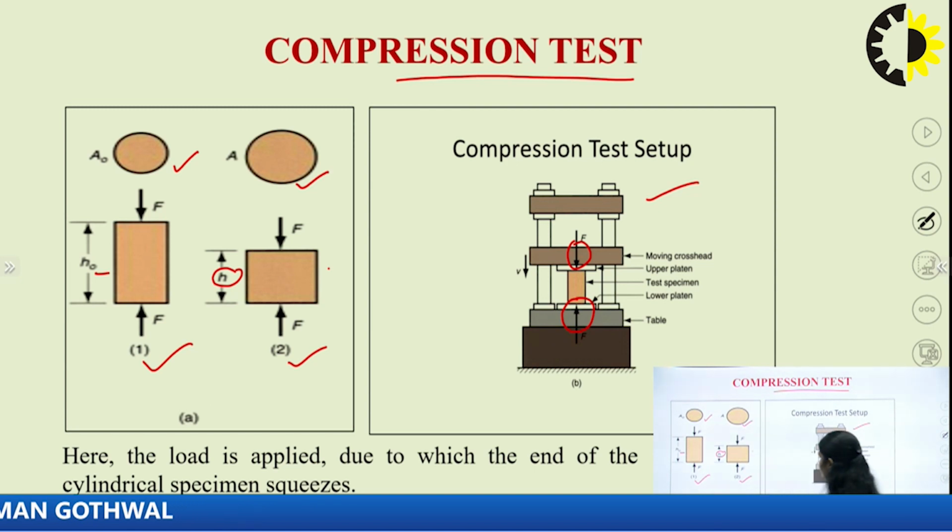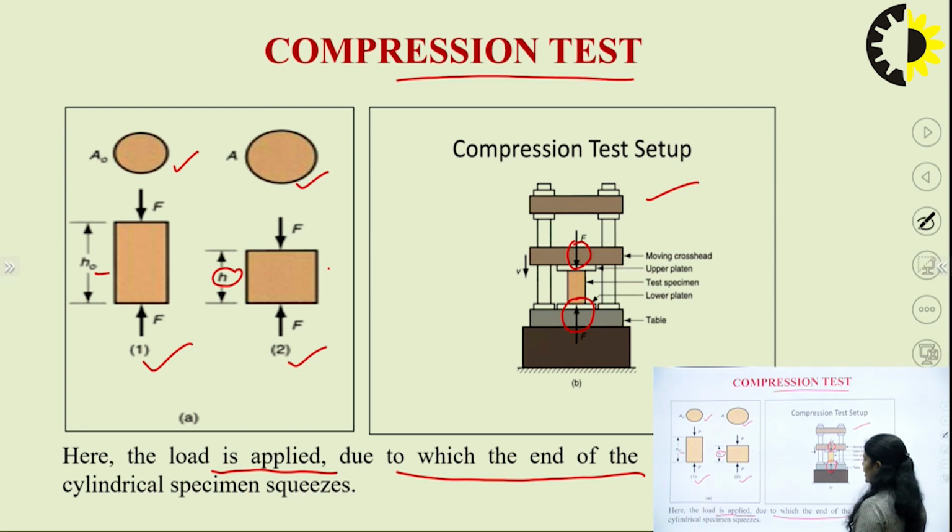Okay. So, here the load is applied due to which the end of the cylindrical specimen squeezes. So, mostly we will take the cylindrical specimen, and the end of this cylindrical specimen will squeeze here.